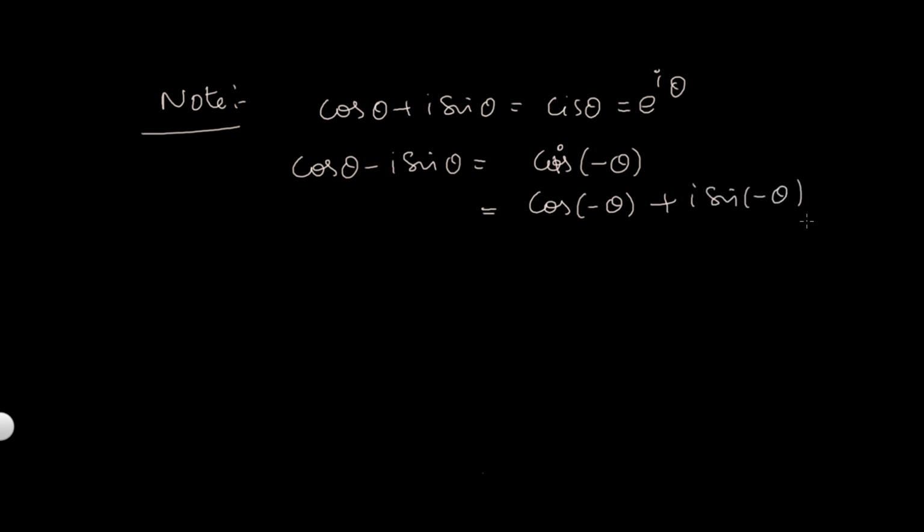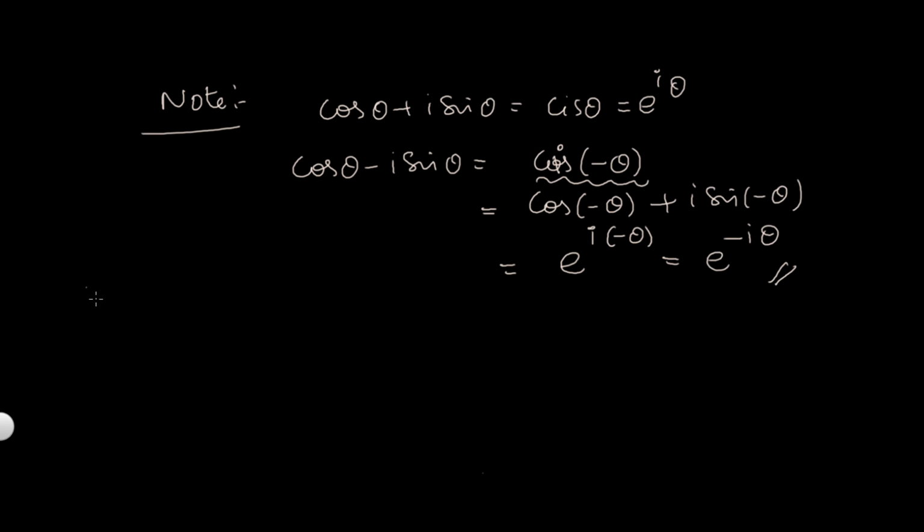Cos of minus theta is cos theta, sin of minus theta is minus sin theta. So it is cis of minus theta, nothing but e to the power of minus i theta, both are cos theta minus i sin theta.